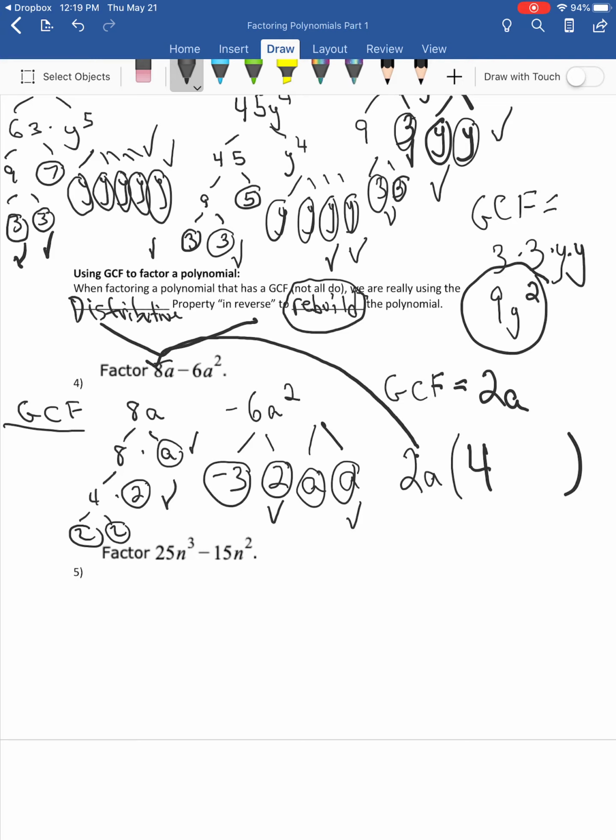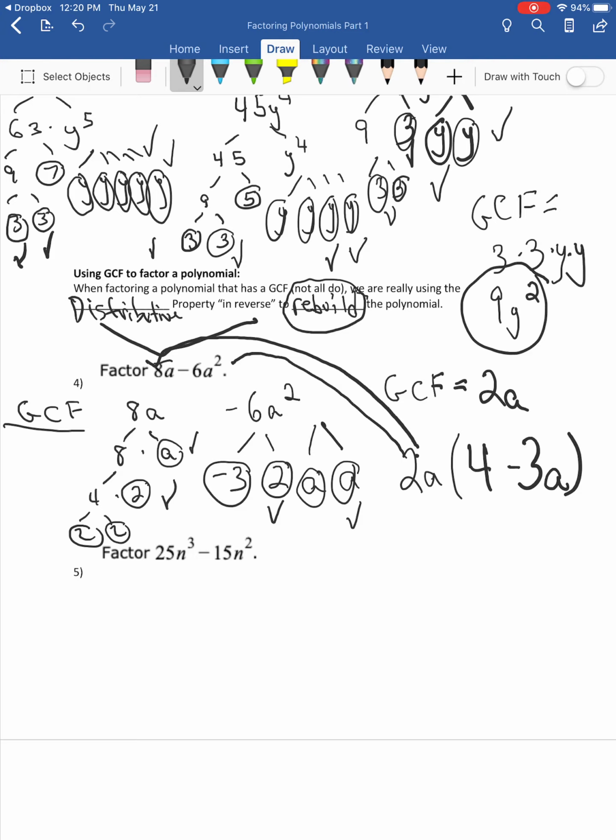And then we have to ask 2a times what makes negative 6a squared. Okay, so for the coefficients, 2 times what makes negative 6? That's going to be negative 3. And then we have an a. We need an a squared, so we need an a in there, okay? So this is the factorization of 8a minus 6a squared.